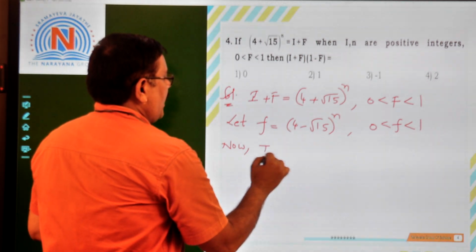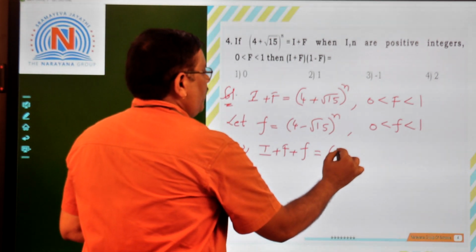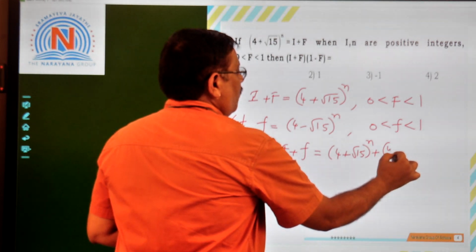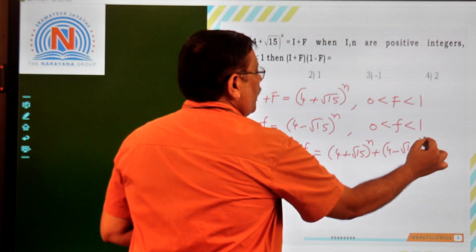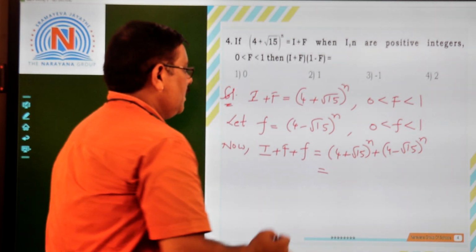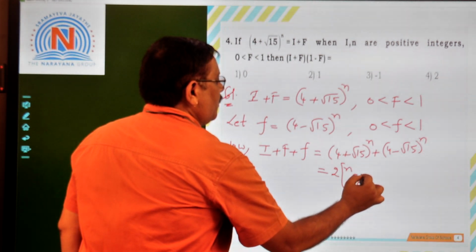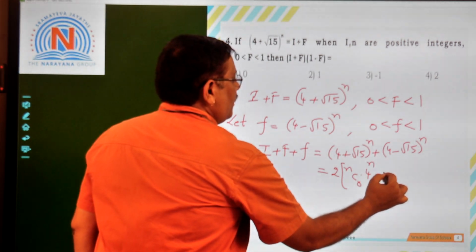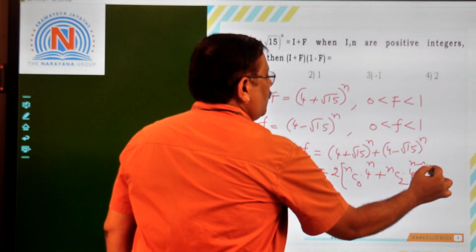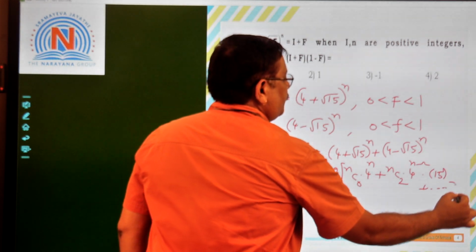Now let us add up I plus f plus small f. That is going to be (4 plus root 15) whole power n plus (4 minus root 15) whole power n. It is in the same way as (x plus y) whole power n plus (x minus y) whole power n. So that is going to be 2 times of [nC0 into 4 to the power of n plus nC2 into 4 power n minus 2 into (root 15) whole square, that is nothing but 15, plus so on].